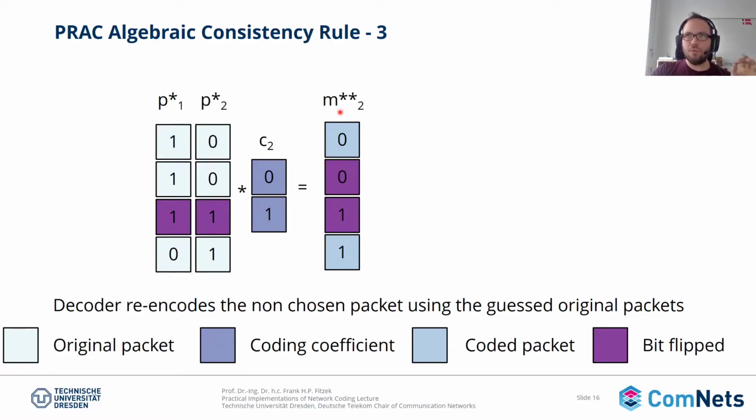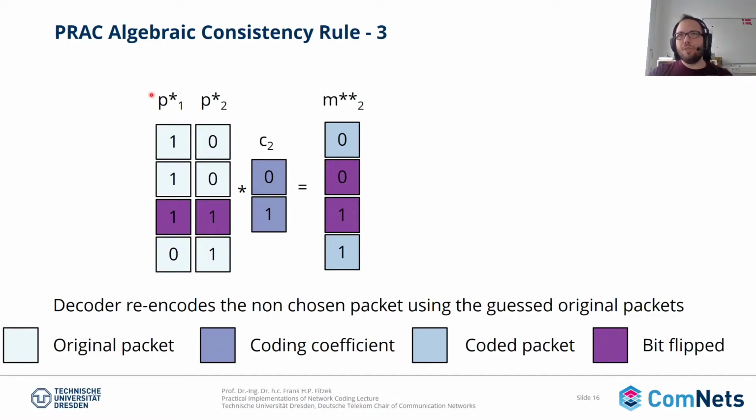Those were the received packets. We used M1* and M3* to decode the guessed P1 and P2. That's why they are called P1* and P2*. But there was a third packet that we did not use so far, which was M2*.